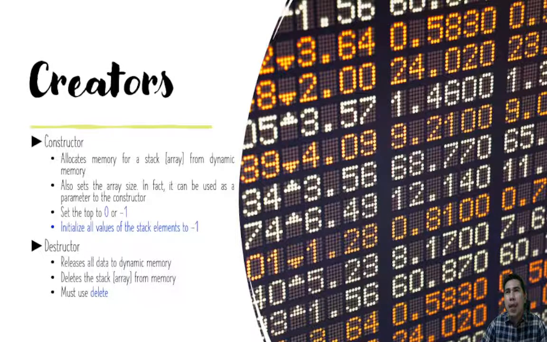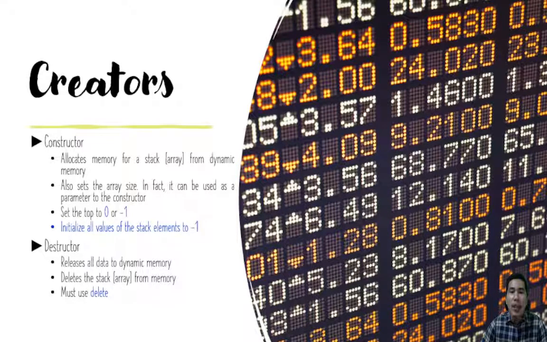Well, you can actually initialize it to 0, but I would recommend we follow the standard in which the declaration of the top should be -1. Again, it could either be 0 or -1, but I would recommend -1.